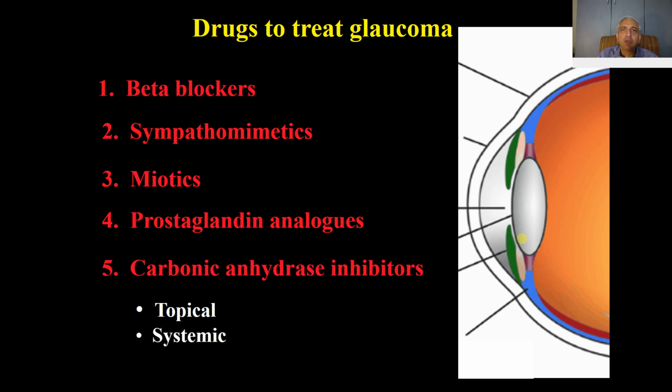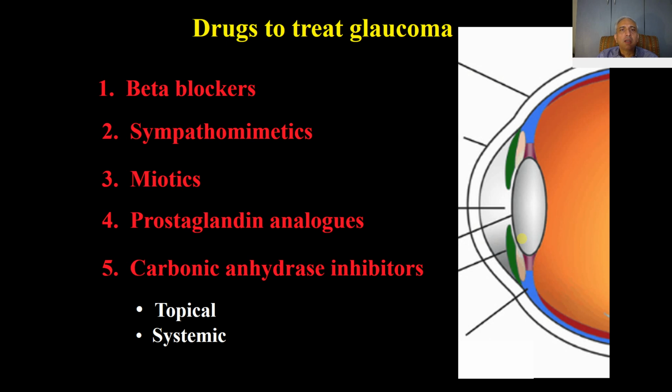So just let's go to the beta blockers. So the drugs available are betaxolol. Either they can be cardioselective. So timolol is a drug which is non-selective, while betaxolol is a drug which is selective.